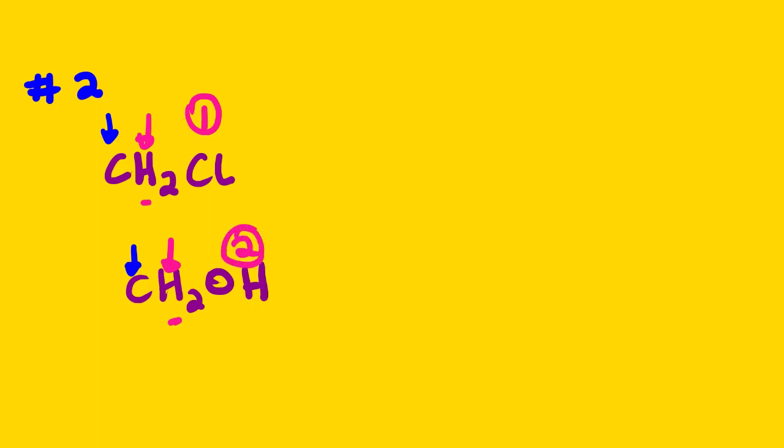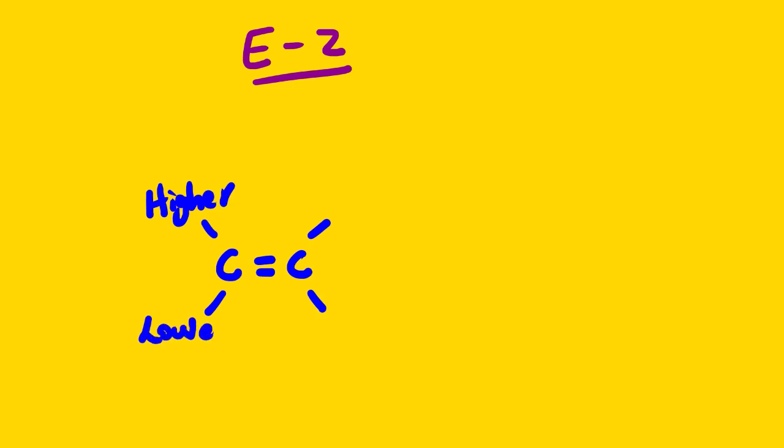Now let us jump straight to the examples. We are going to use this general structure to name whether it is an E or Z. If we look at the first carbon, the higher priority group is on top, and the lower is here.